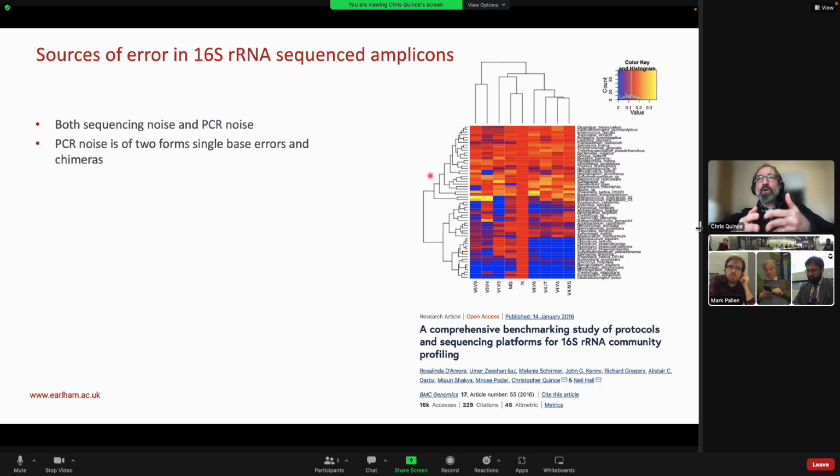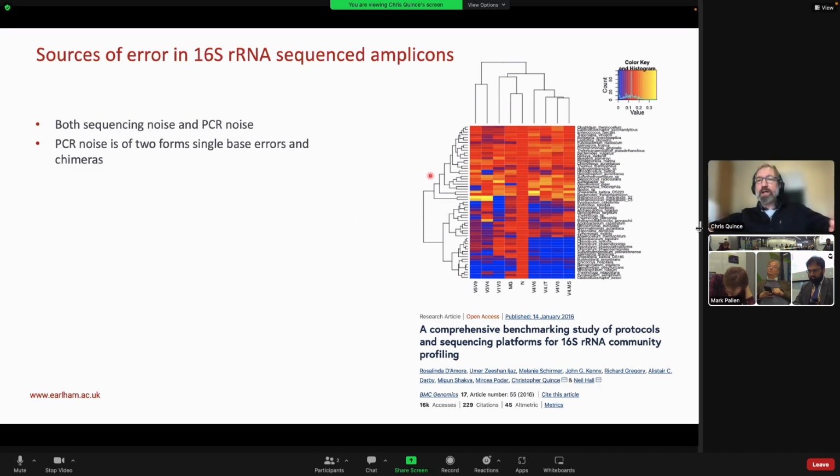But it might form a primer on a different sequence to the one it originally came from.